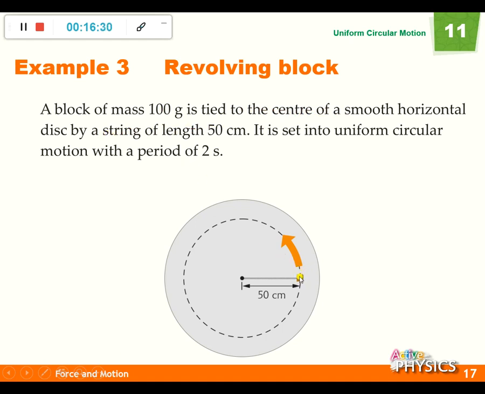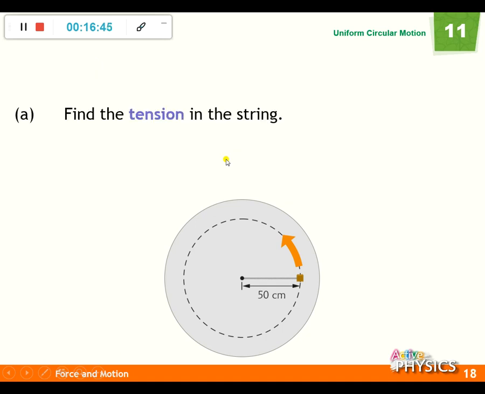It means that this block will move in a horizontal plane. This plane is smooth. The period for one cycle is 2 seconds. Now find the tension in the string. The tension should be large enough to make this block move in a circle.